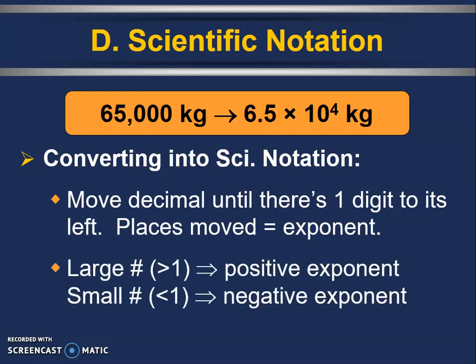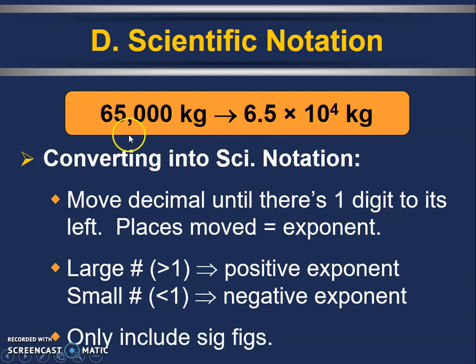If we have a large number that we are converting, meaning bigger than 1, such as in our example here, 65,000 is bigger than 1, then our exponent will be positive. If we are converting a small number, so something that is less than 1, then it will have a negative exponent, okay? And when we write this, we're only including our sig figs, our significant figures, okay?